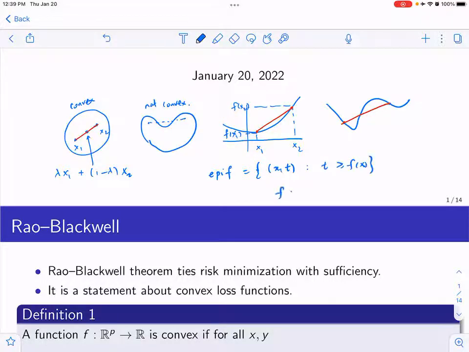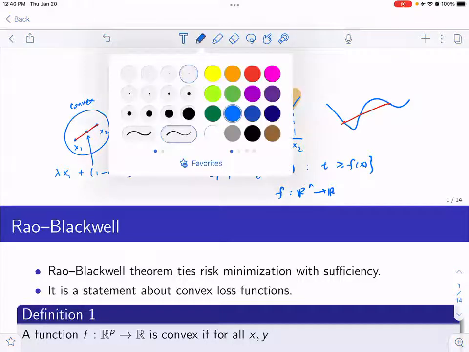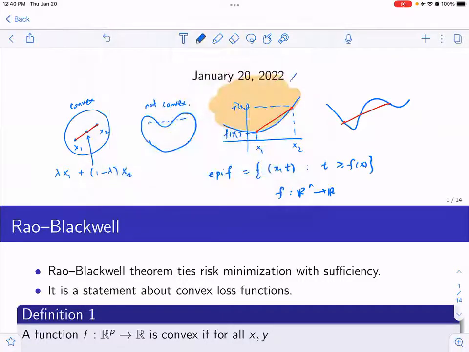So this works if f is from R^n to R. So a function is convex if and only if this epigraph is a convex set, which is equivalent to the definition that we just said.